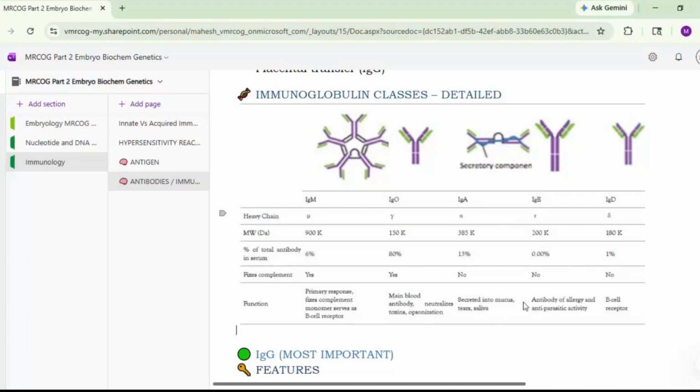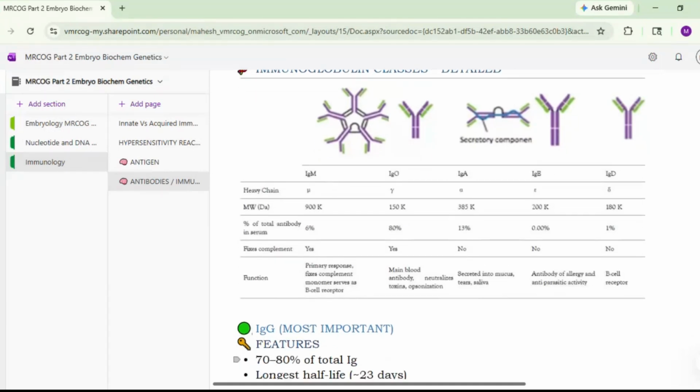IgE is responsible for allergy and anti-parasitic activity. IgD is the B cell receptor, though its function is not very clear. They generally ask about IgM, IgG, IgA, and IgE, so the questions will be on these 3 or 4 antibodies.